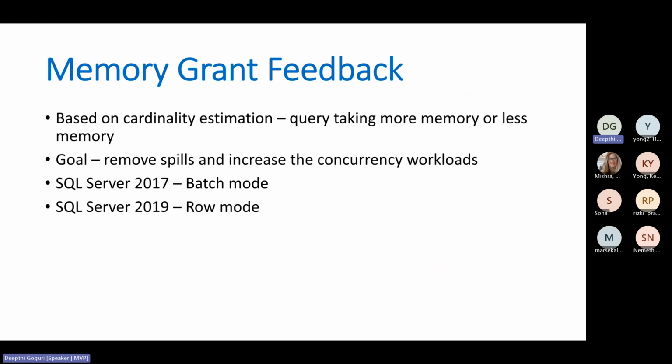Because in SQL Server 2019, I believe it's 2017, they have changed the way the cardinality estimation works. So sometimes your queries need to run with the old cardinality estimates, and the new one.